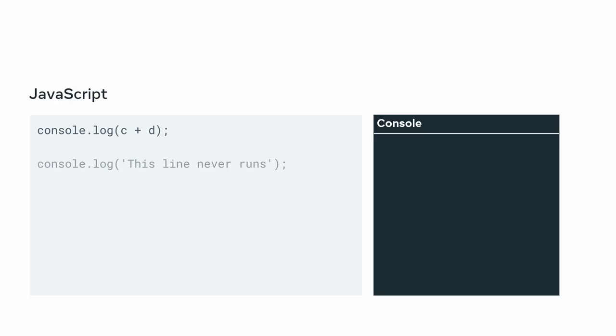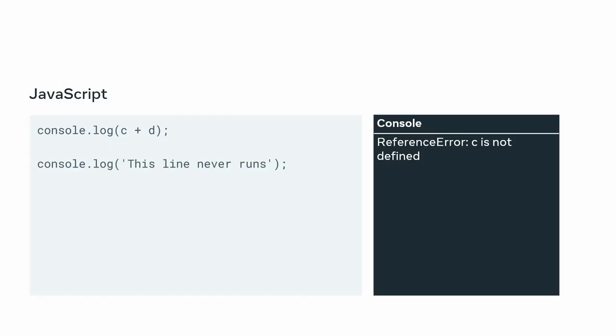Well, let's explore another scenario. Suppose you had simple programming that has two statements. The first uses console log to output C plus D, and the second one uses console log to output the statement, "This line never runs." What if these two lines of code were the only lines of code in our program?